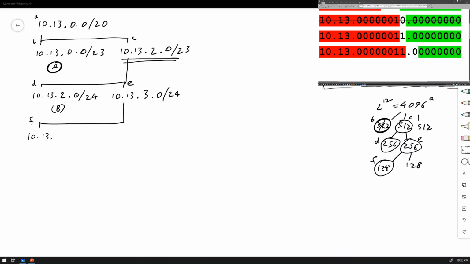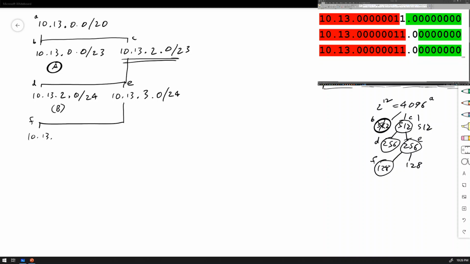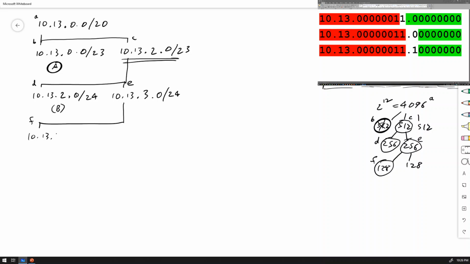So I have these two combinations. It can be either 0 or 1, right? So I'll first work with this one because always we go serially. So going with this one, it's this combination, right? So 3.0 and 128 has a subnet mask of 25, so there you go.